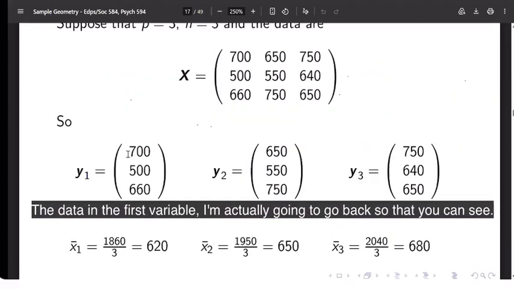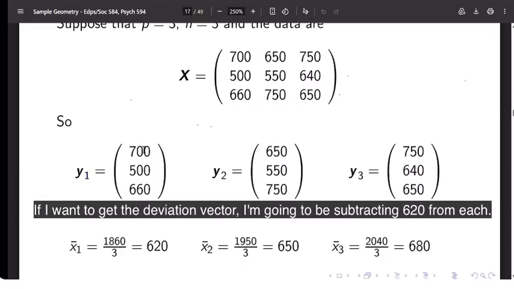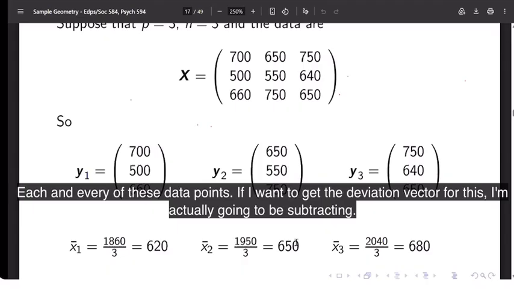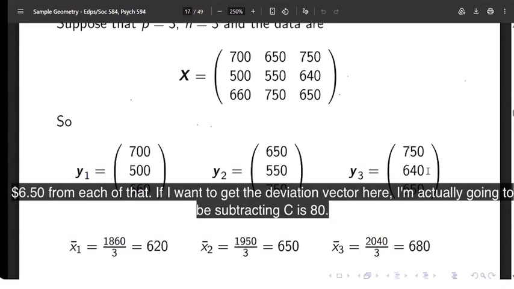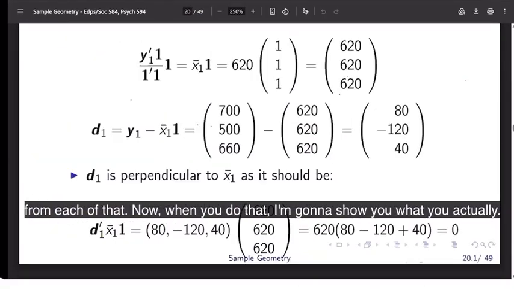What I'm going to be doing now is subtracting 620 from each and every one of these data points. If I want to get the deviation vector for this, I'm going to be subtracting 650 from each of that. If I want to get the deviation vector here, I'm going to be subtracting 680 from each of that. Now, when you do that, I'm going to show you what you're going to get.